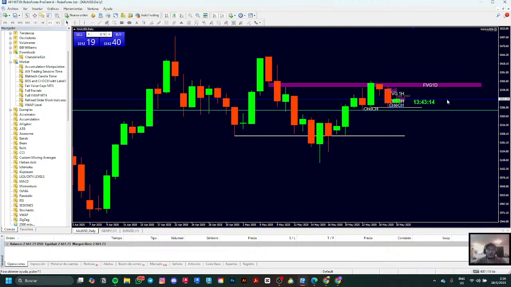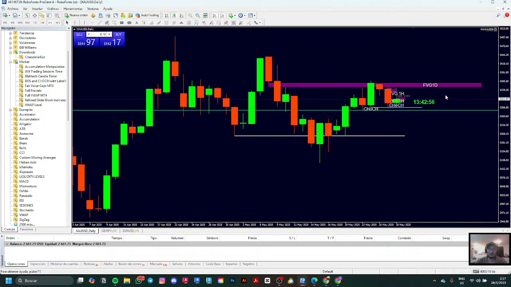Okay, some of you guys here may have a misunderstanding, right? You treat this as a support zone. Technically, yes, it is a support zone for you to look for buys from, but this is not a support. This is a gap in the market where there are orders sitting.